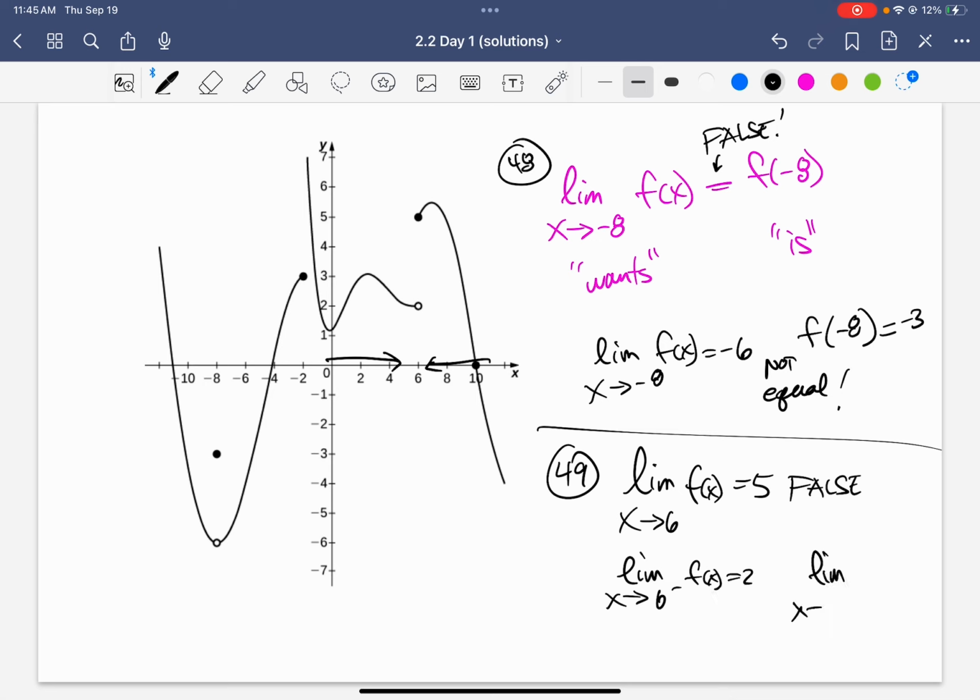The limit as x goes to 6 from the right is 5. And that means that the limit as x goes to 6 of f of x does not exist because the limits don't agree. The left and right hand limits do not agree. So that's 49.